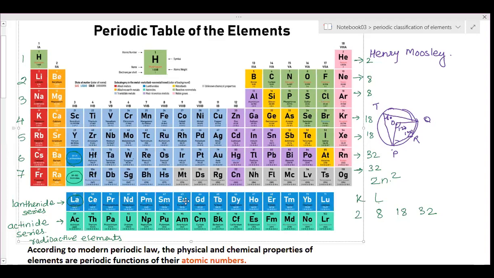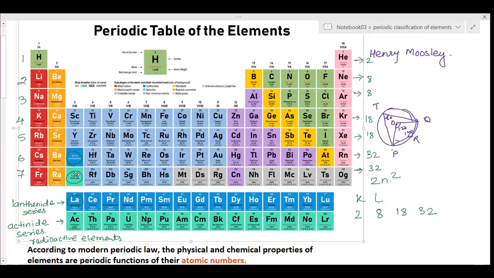Actually, all these elements have properties exactly similar to lanthanum. This is a lanthanum atom. The properties of all these 17 elements are similar to those of lanthanum. So therefore these are all placed at one position, that is at this position, third group, sixth period.